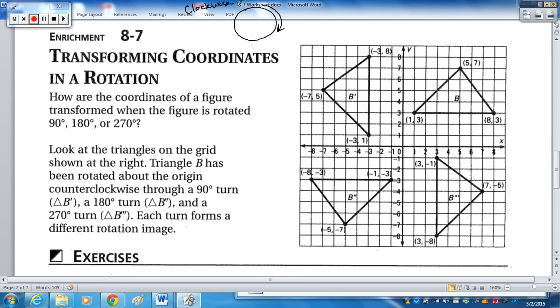Versus, what's the opposite direction of clockwise? We call that counterclockwise. So make sure that you know which direction you're shifting the object.